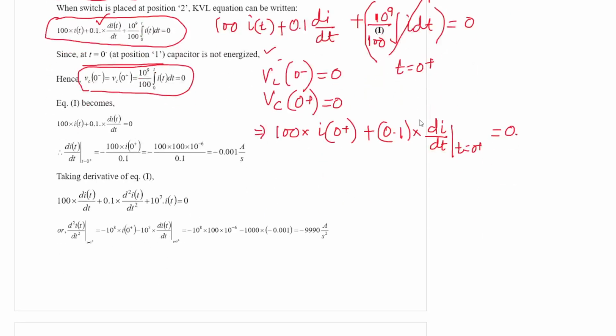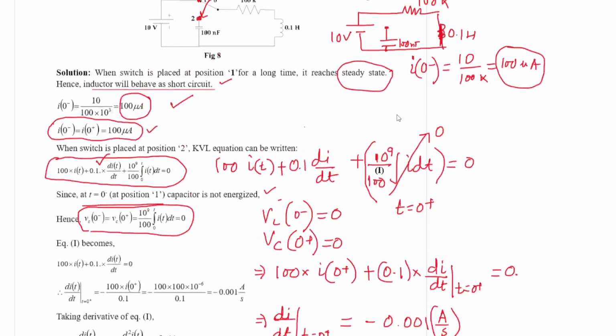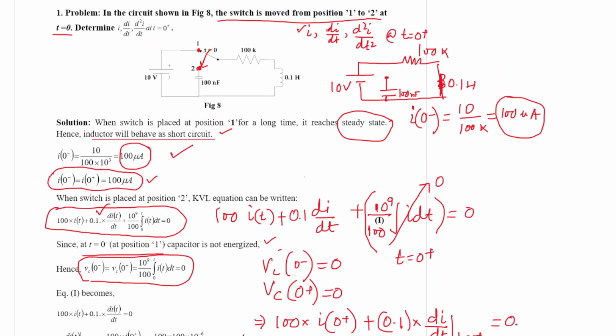If you substitute and solve this equation, you will get di/dt at t equal to 0 plus is equal to minus 0.001 ampere per second. That is very important: you should mention the unit. It should be ampere per second because it is di/dt. So we have solved the second term as well, di/dt.